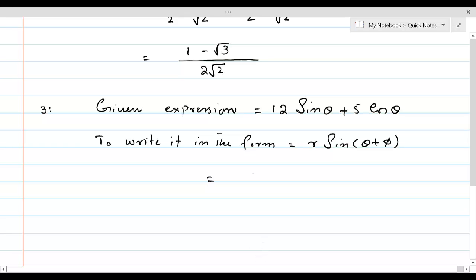If we apply the sine alpha plus beta formula on this, this will be equal to sine theta cos phi plus cos theta sine phi.